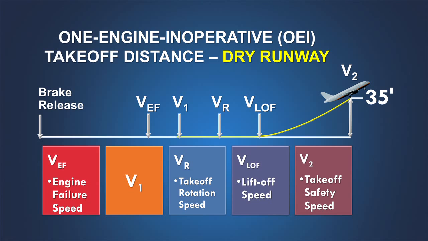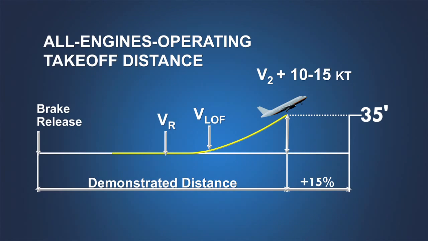The takeoff distance is the distance from the start of the takeoff roll to the point at which the airplane attains a specified height above the takeoff surface. For a takeoff on a dry runway, the takeoff distance is the longer of the one engine inoperative takeoff distance to 35 feet above the takeoff surface, or 115% of the all engines operating takeoff distance to 35 feet above the takeoff surface.